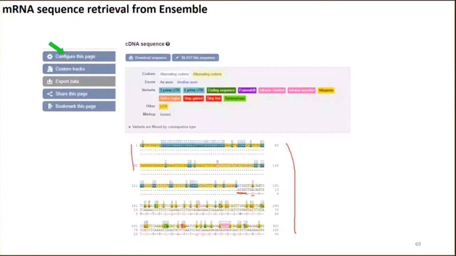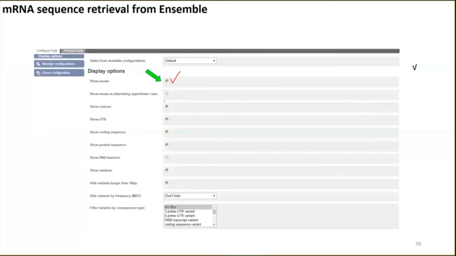We can configure this page and select to show only exons, not lowercase, and show codons and UTRs. We will select only the first one and unselect all the rest.